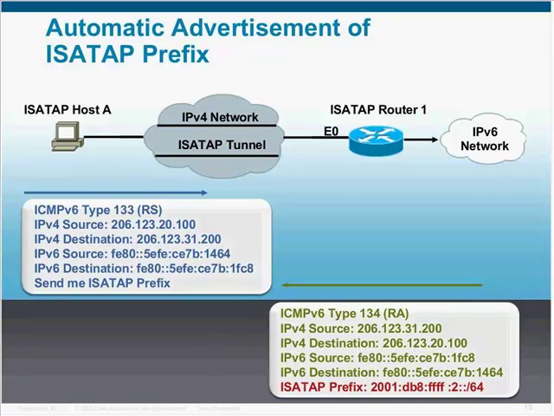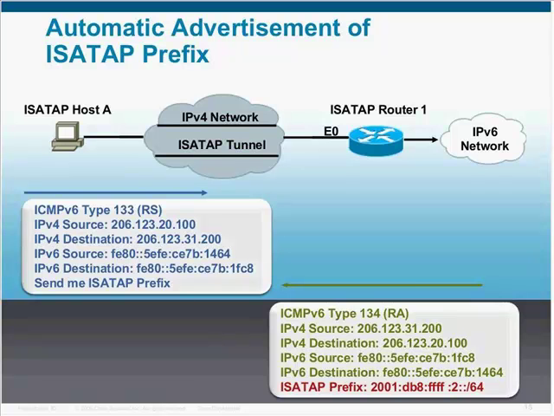It will also tell the host what prefix it needs to use if it wants to have IPv6 connectivity out of the local subnet. What's particular in the case of ISATAP is that instead of all of that happening on a local subnet, it happens over an IPv4 tunnel.